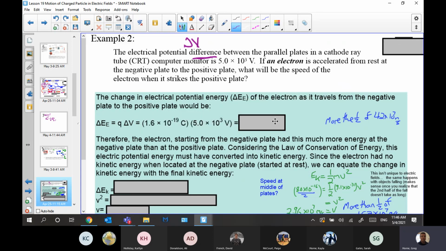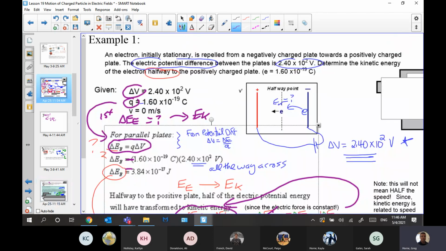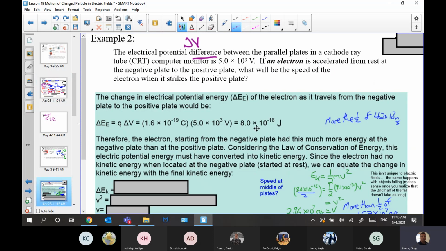So we're able to calculate right away that the energy is 8 times 10 to the negative 16. That seems a little different because what they gave us, oh no, it's the exact same. The charge times the energy per charge gives you the energy, of course.